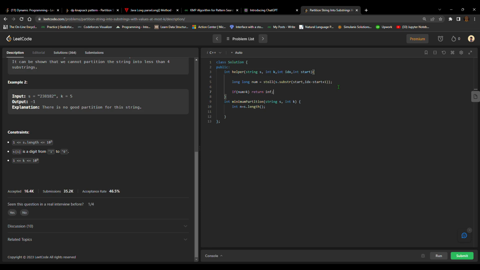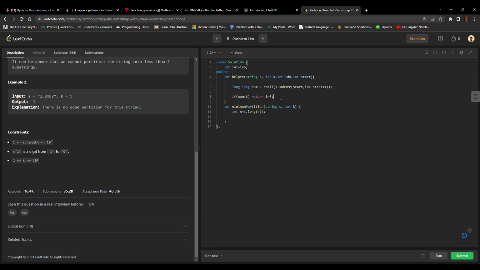Infinite would always be returned when my answer would not be matched. That basically says infinite partitions, and infinite partitions is not a good way to go. So int inf is equal to 1e6, some random major value that I would be providing.